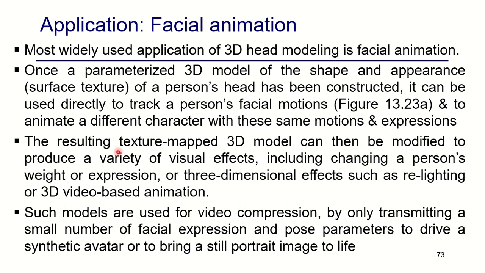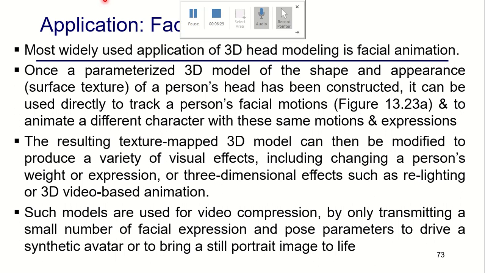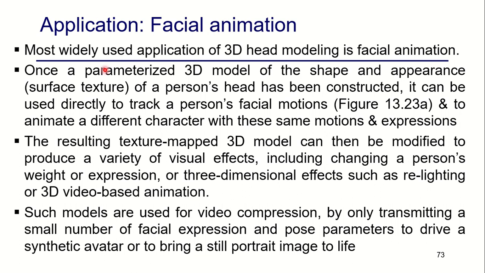The resulting texture-mapped 3D model can then be modified to produce a variety of visual effects, including changing a person's weight or expression, or 3D effects such as relighting, changing the position of the lighting, or 3D video-based animation. Such models are used for video compression by transmitting only a small number of facial expression and pose parameters to drive a synthetic avatar or to bring a still portrait image to life.